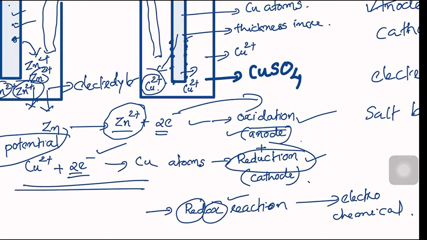But that reaction will not give you any electricity, because that reaction is not a redox reaction. So the redox reaction criterion is a must to make a galvanic cell work. If you want to get electricity from a chemical reaction, that chemical reaction needs to be a redox reaction.